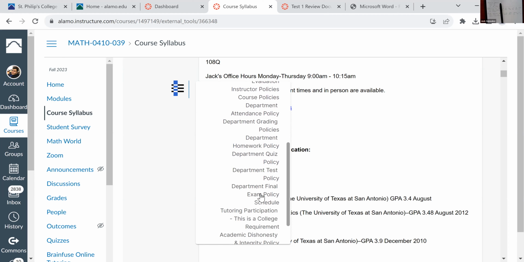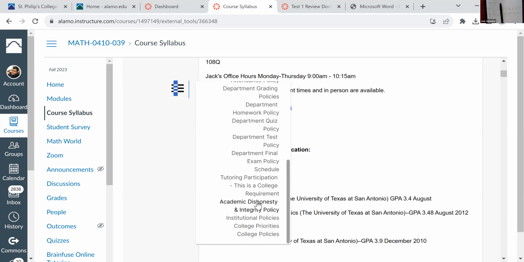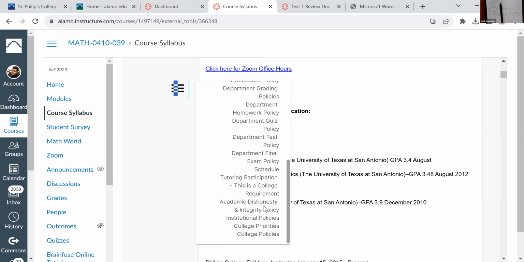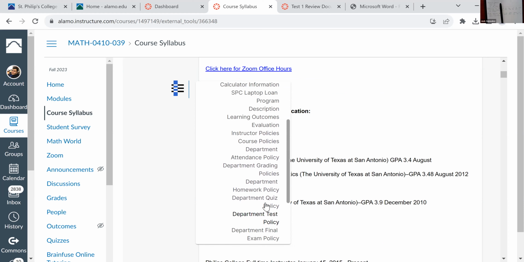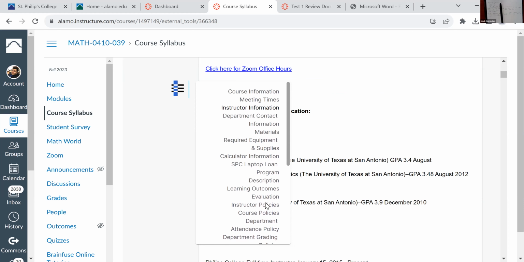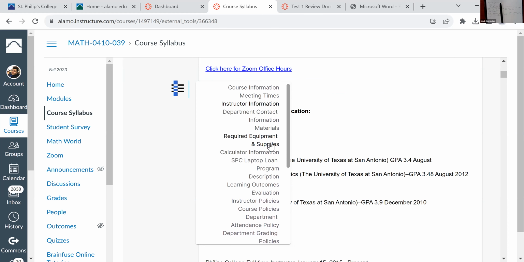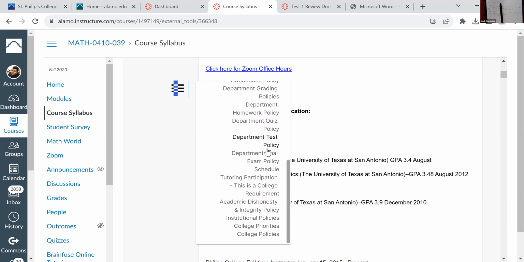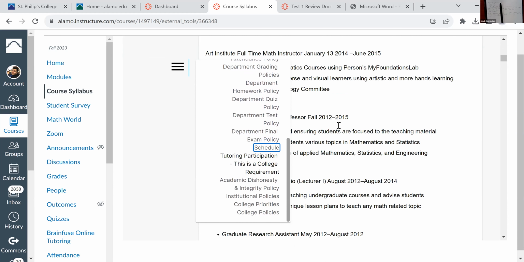Let's do academic dishonesty. Am I not seeing the schedule? You guys see the schedule? I see it right there.